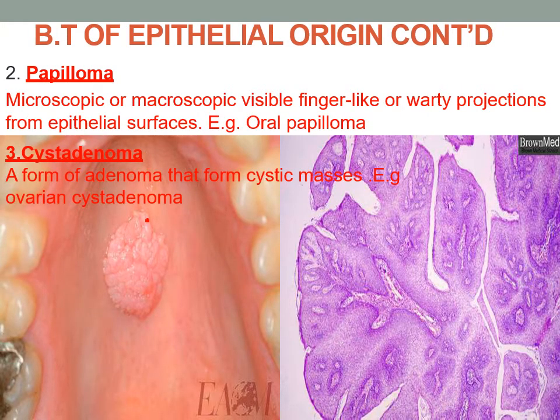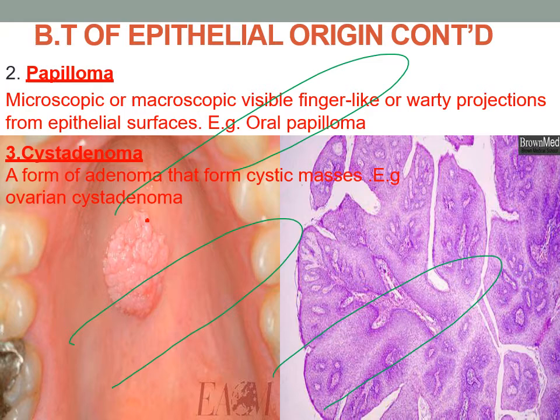Coming to papilloma, these are microscopic or macroscopic finger-like projections from the epithelial surface. For example, you may have a neoplasia within the trachea, growing in a finger-like projection, or microscopically looking like a finger-like projection.